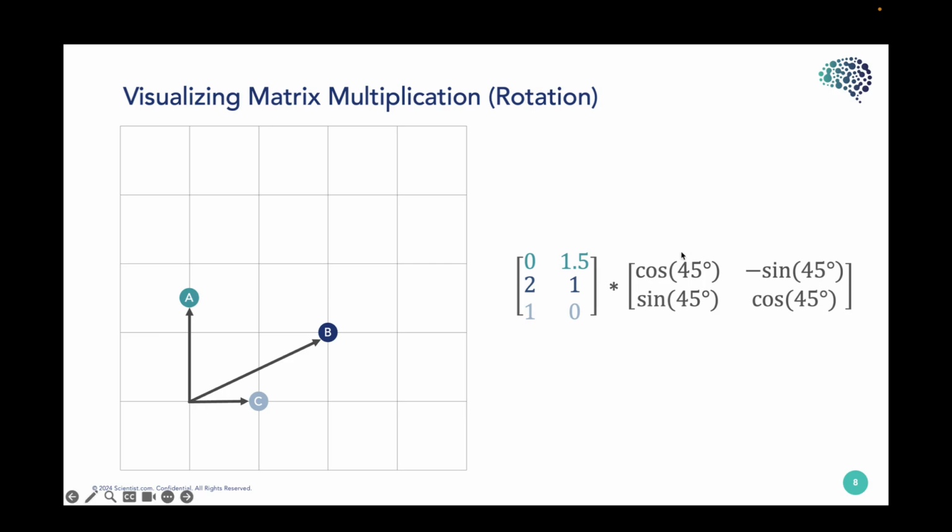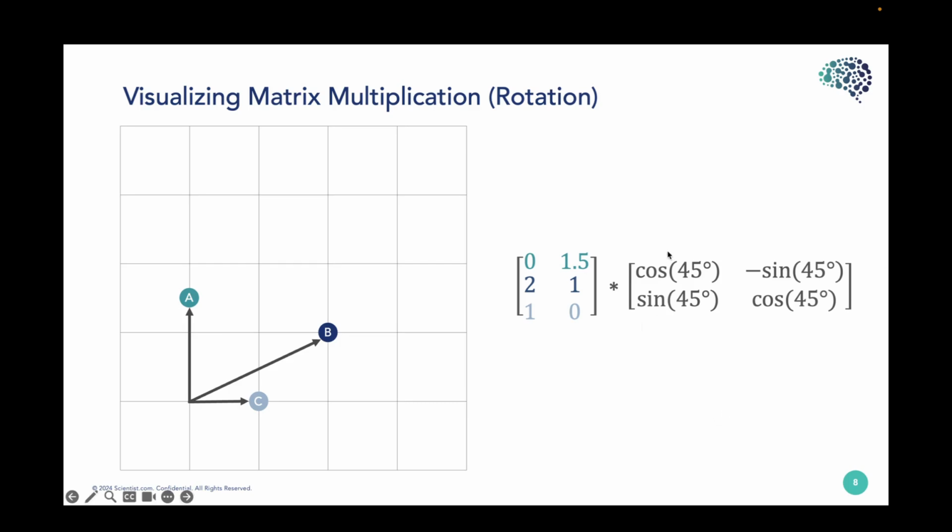So what we're looking at here is our original matrix with 3 vectors multiplied by what's called a rotation matrix. And a rotation matrix is a subset of a type of matrix called a transformation matrix. Transformation matrix is actually where the transformer gets its name, which is why we're taking this brief little detour.